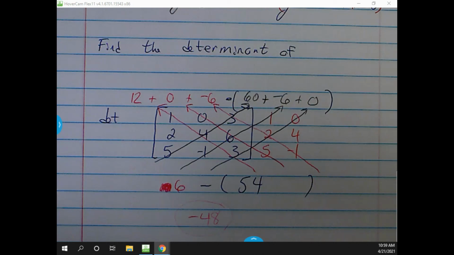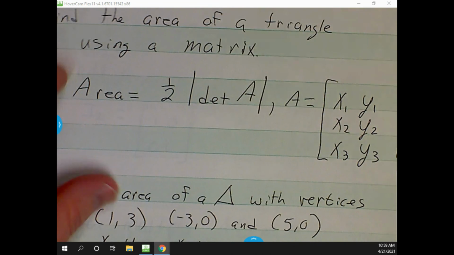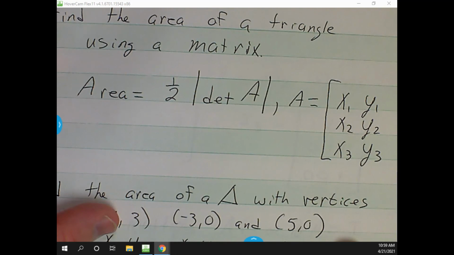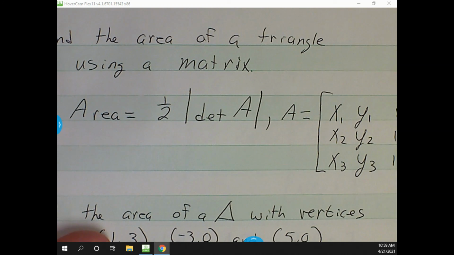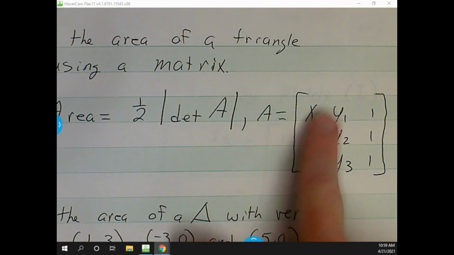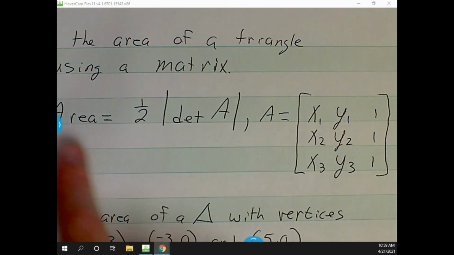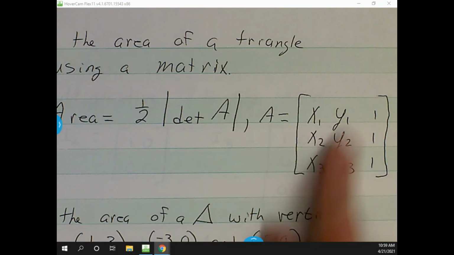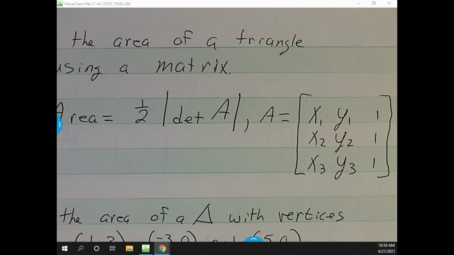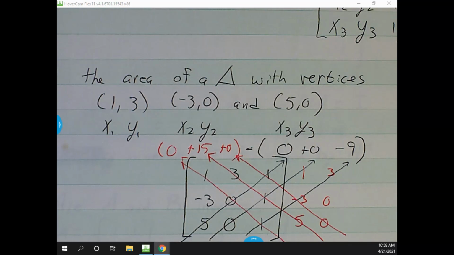If you're talking about the actual applications of what you can do with that, here's the actual application of this thing. To find the area of a triangle, if you know the coordinates of the 3 points of a triangle, then you can figure out the area using the determinant, where you do something like that. So this would be a question where they would say, find the area of a triangle with these 3 vertices.